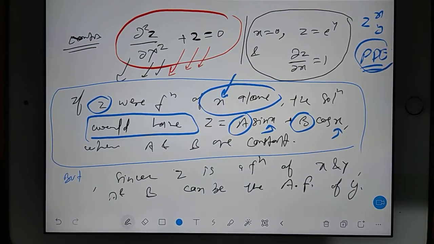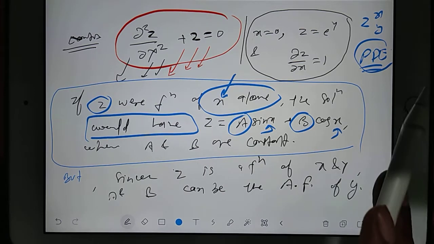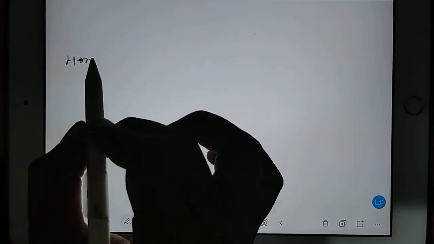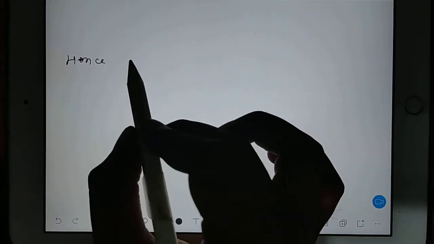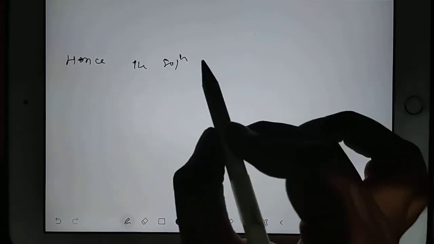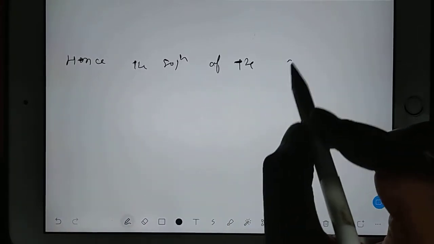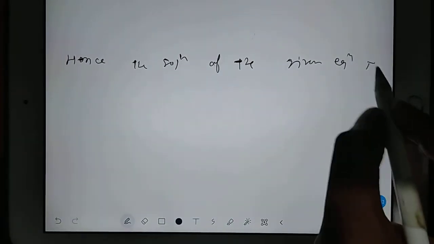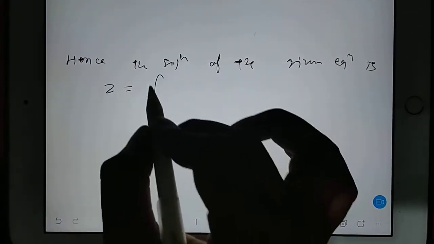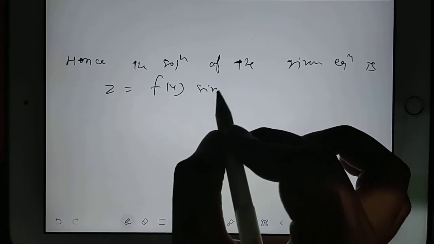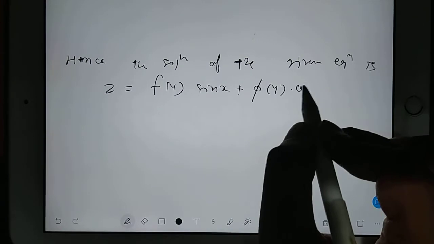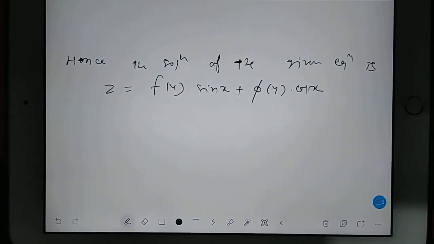They are constants. So definitely those a and b are going to be functions of y. I will change the page. Hence the solution of the given equation is z is equal to fy sin x plus, you can consider one more phi y into cos x. This will be your solution.